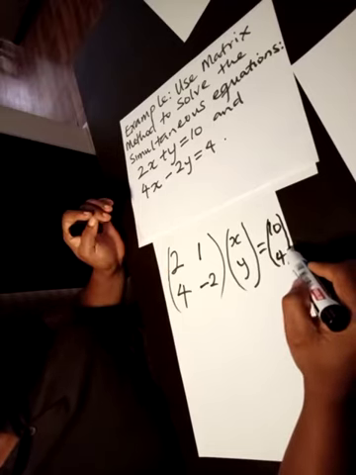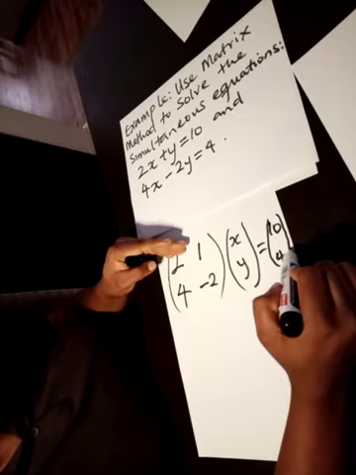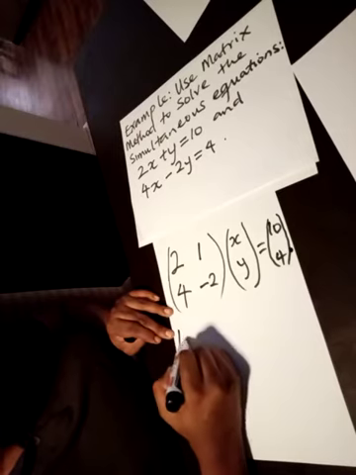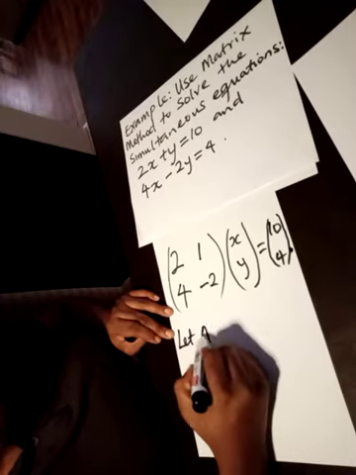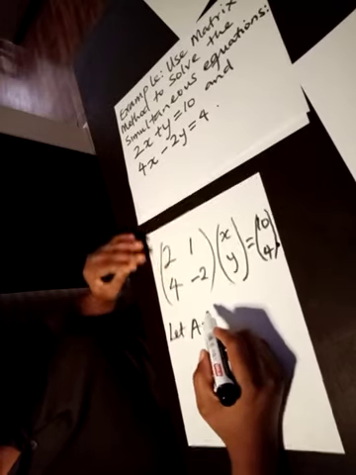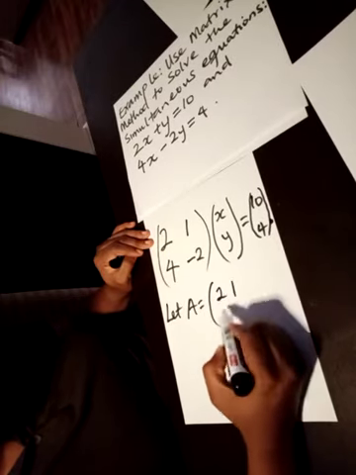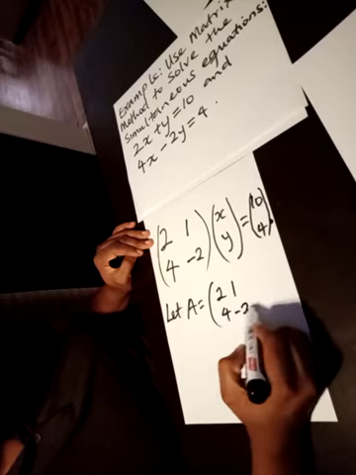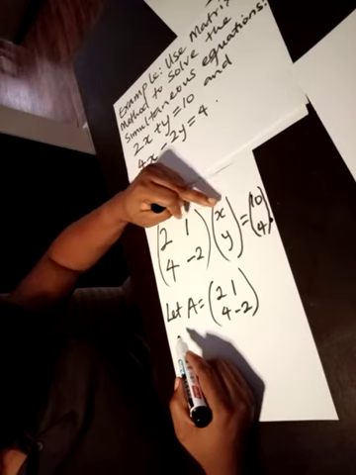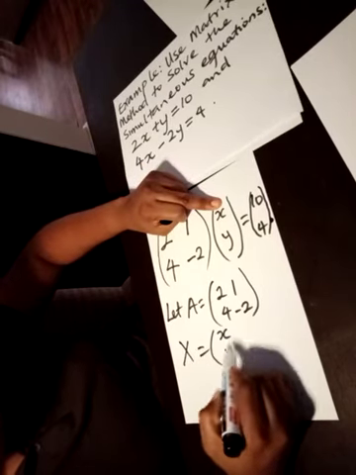So let's take this one as the first equation. We write it in matrix form. Then the next thing, we say let A equal this matrix: 2, 1, 4, minus 2. Then let capital X equal x and y.